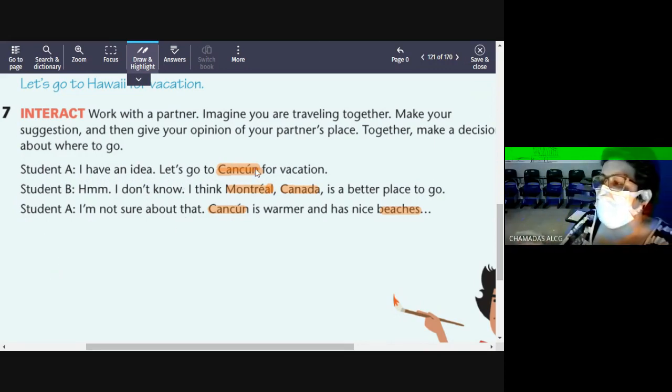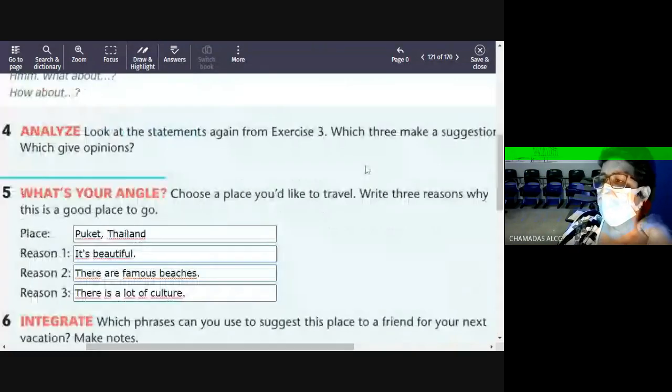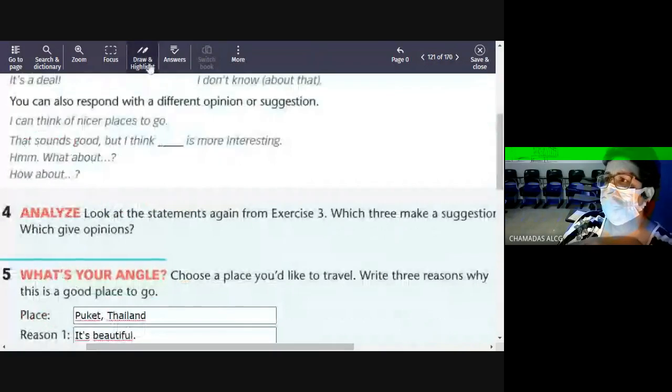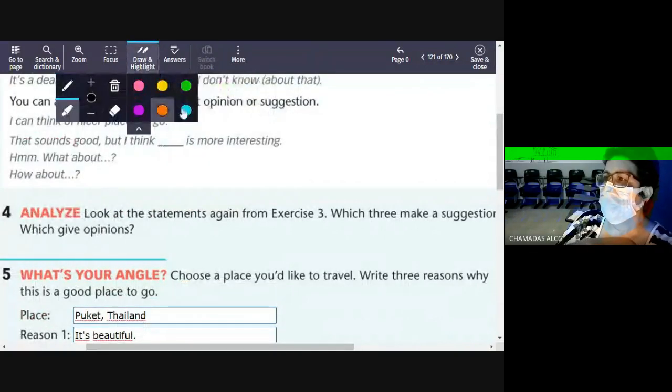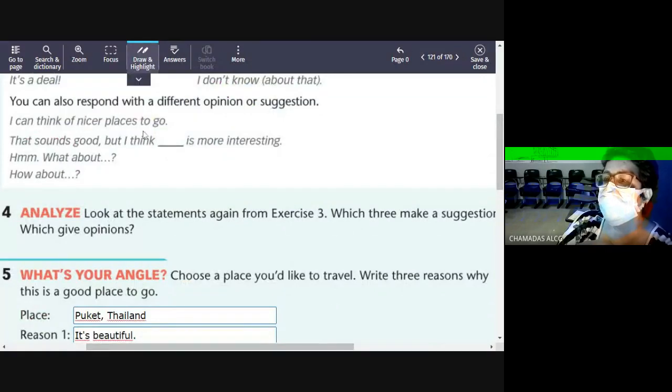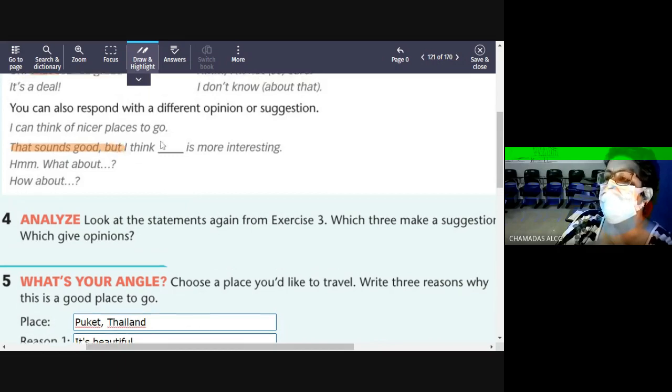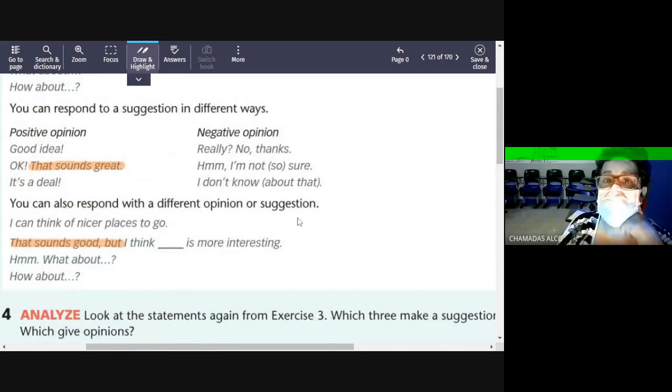So that's an idea. You substitute the names of the places and you are using expressions to give suggestions and also to accept and reject suggestions. You can try to use expressions like this one here that we like a lot. That sounds good, but... and here, that sounds great.